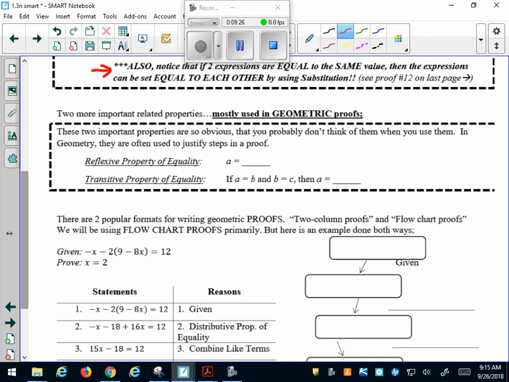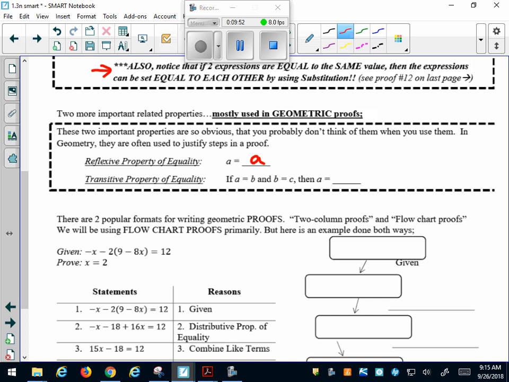Okay, two more properties. Reflexive property. This property might seem so obvious, you're going to think, why do we even have to call it something? Because it basically says A equals A. Like, duh. We all know A equals A. We all know 2 equals 2.